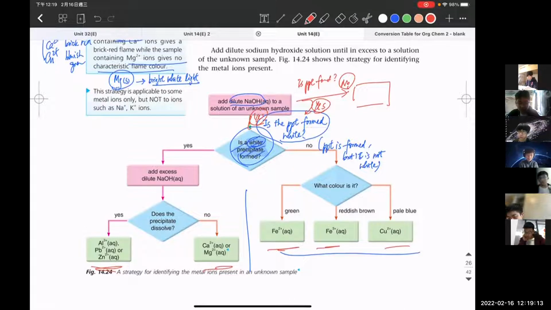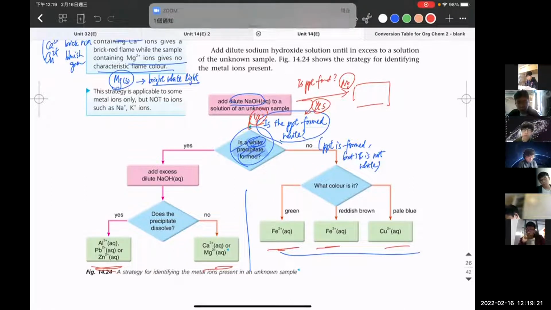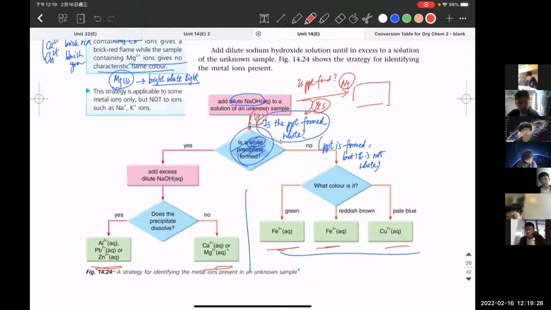Now here, if I add alkali to it, do you have a chance of no PPT?